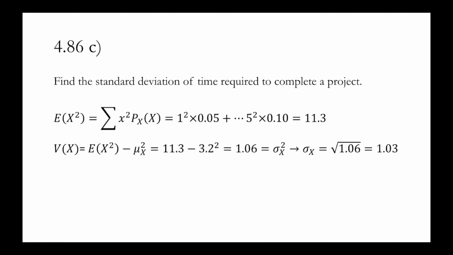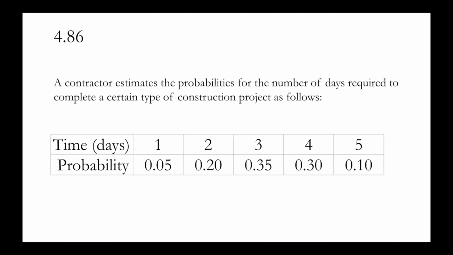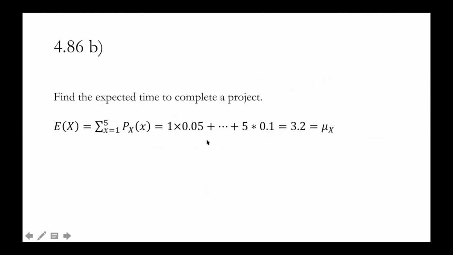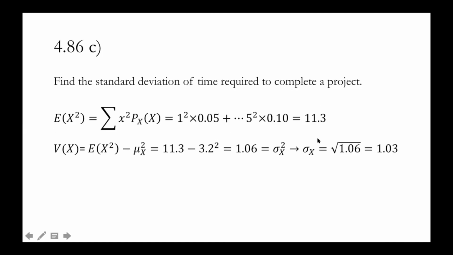So here I take all these probabilities, multiply with the number of days squared, probability times squared number of days, and I sum them all up, and the sum will be 11.3.